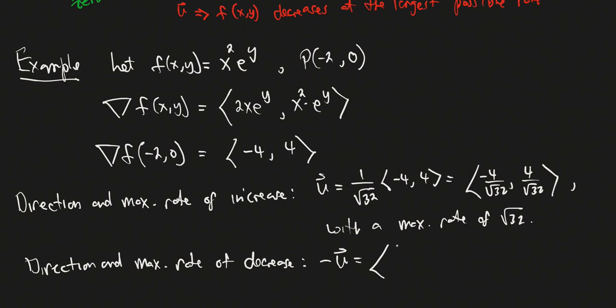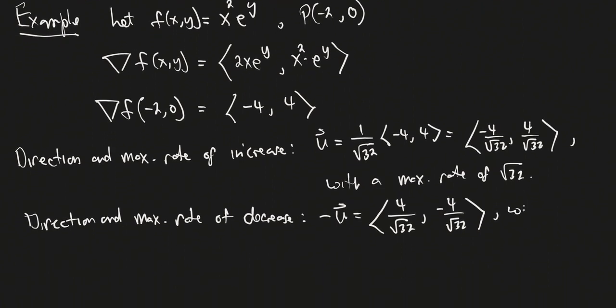Again, this would be (4 over root 32, negative 4 over root 32), with a maximum rate of decrease being negative root 32. So maybe for emphasis, I should put max rate of increase there.